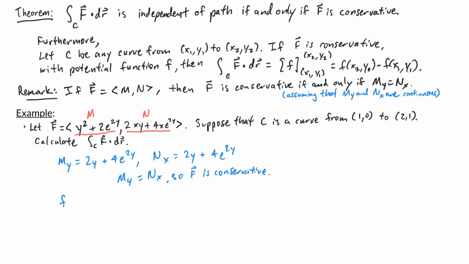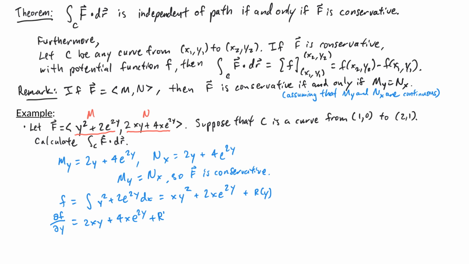Our potential function f is the integral of the x component of the vector field with respect to x. The antiderivative here would be xy squared plus 2xe to the 2y. And then I have a constant, but this constant could involve y's because when we're integrating with respect to x, we're treating y's as constants. In our next step, we want to take the partial derivative of f with respect to y. That's going to give me 2xy plus 4xe to the 2y, and then plus r prime of y.